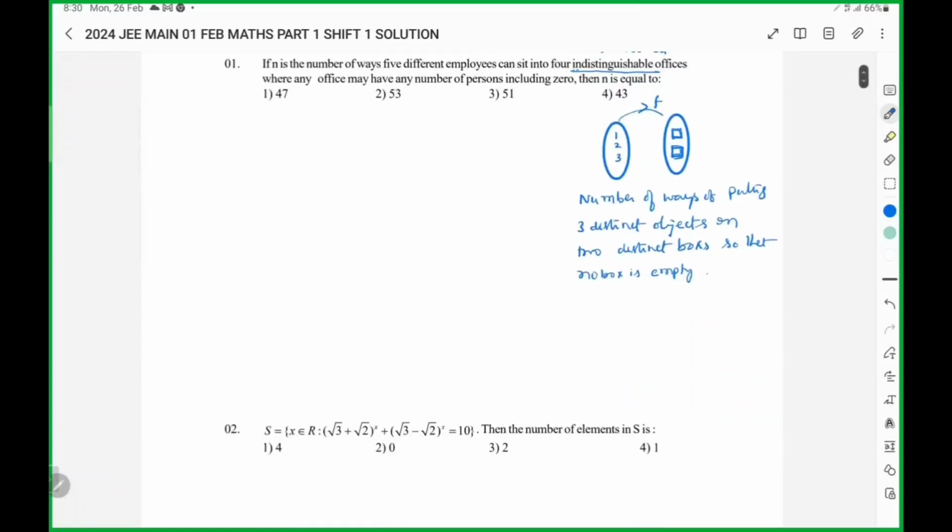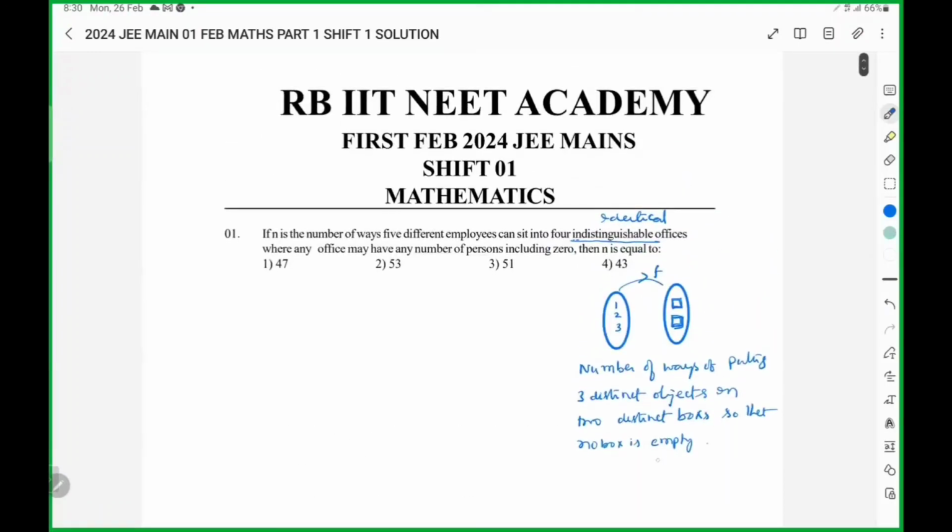That is nothing but the number of onto functions. So how many functions are there? 2 cubed, which includes the ones that are not onto, where all map to this box. It's not onto because one element will be free. All map to this. So the number of onto functions is 6.